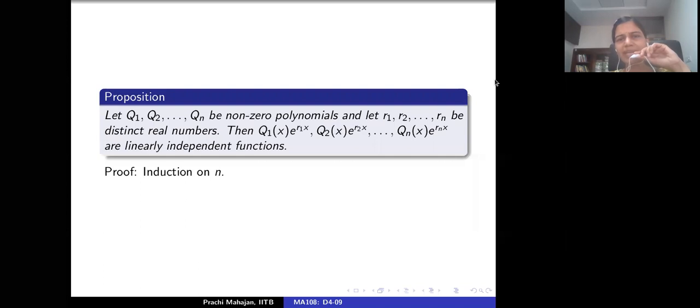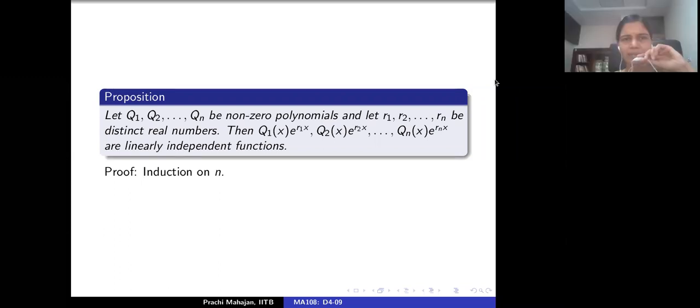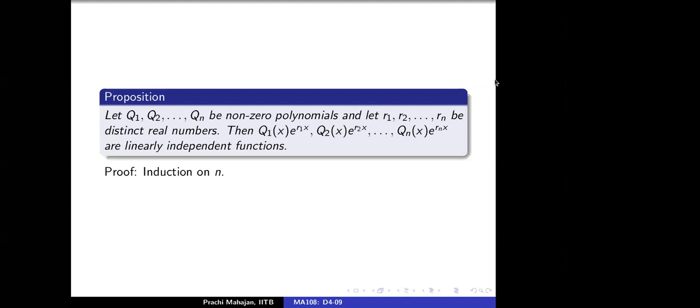So can I leave this proof for you to try? Of course, if there are questions, ask. I hope the statement is okay with everybody: you have some non-zero polynomials and distinct real numbers r1, r2, ..., rn.